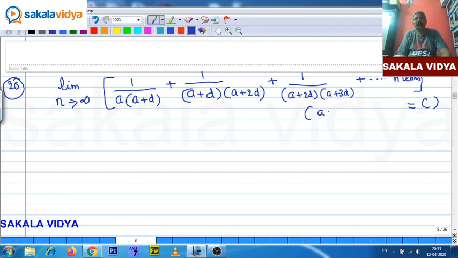Here it is provided that a is greater than 0 and d is greater than 0, both are positive values.